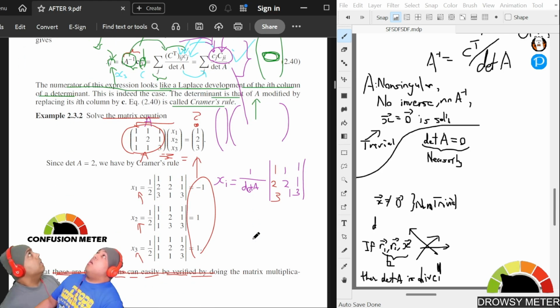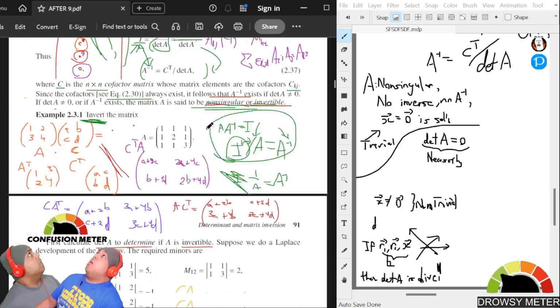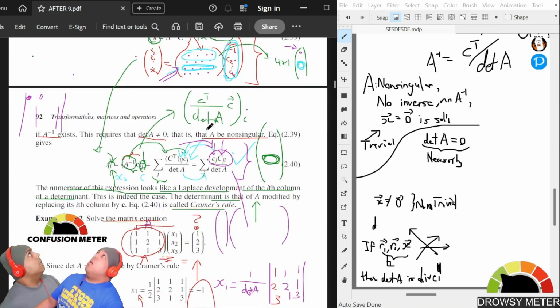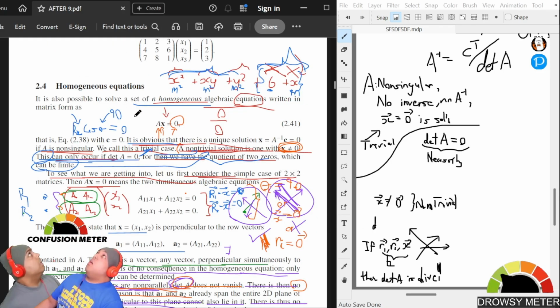Cramer's rule. I haven't really looked too much at Cramer's rule or the Pauli spin matrices. Okay, homogeneous equations. It's also possible to solve a set of n homogeneous algebraic equations written in the form Ax equals 0, with c equals 0.